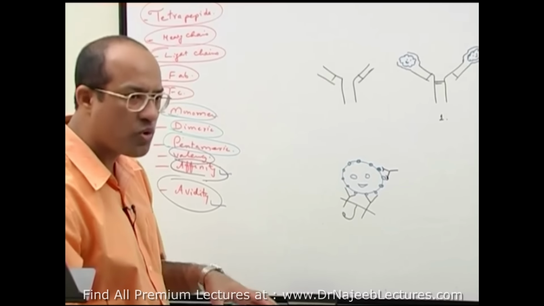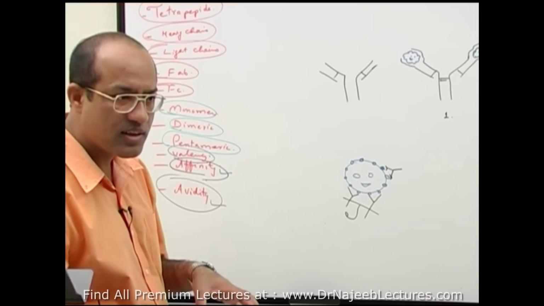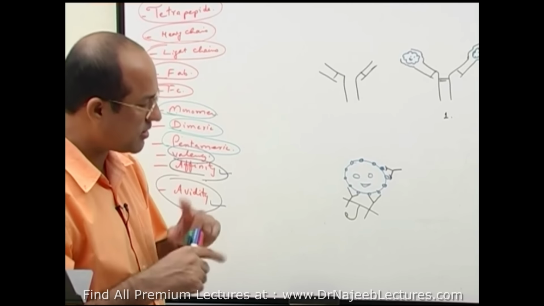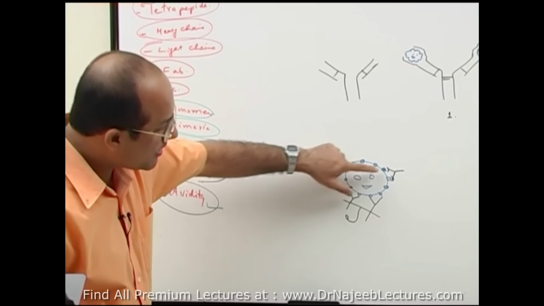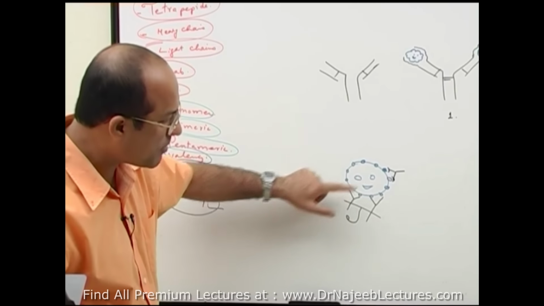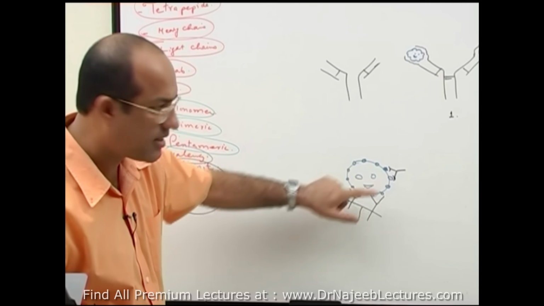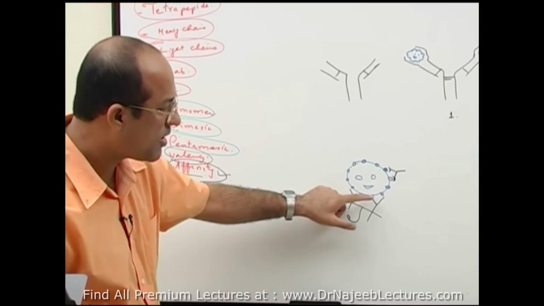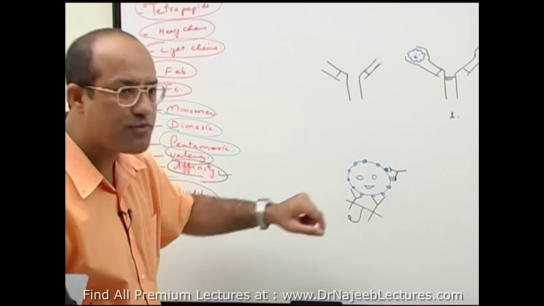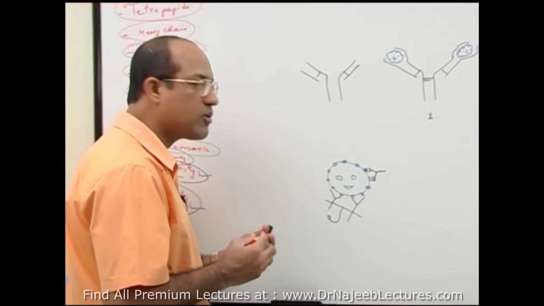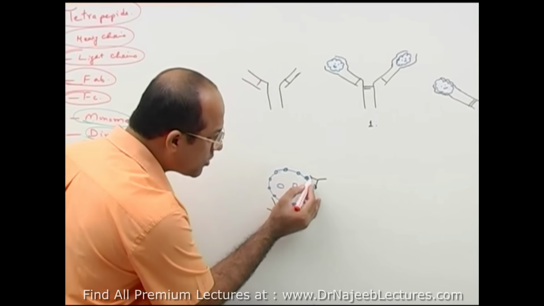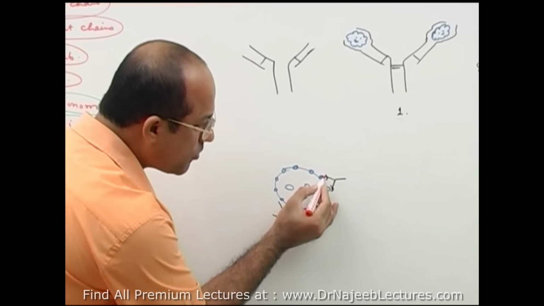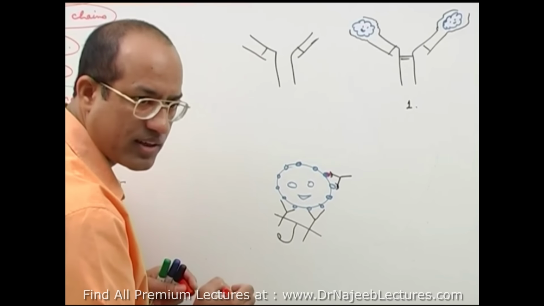So total force with which, I will repeat it again. This is monomer, this is dimer. Monomer is actually divalent and dimer is actually tetravalent, right? When we talk about affinity, we are just talking about that one antigen point and one antibody point interaction.